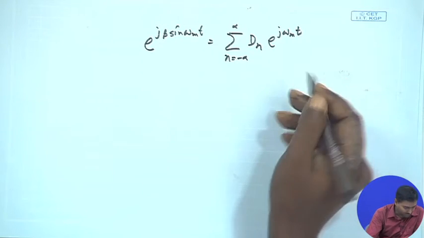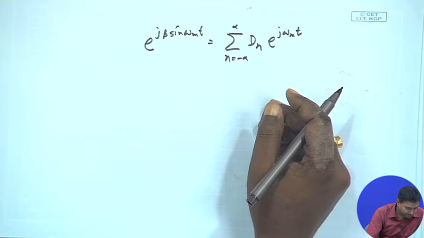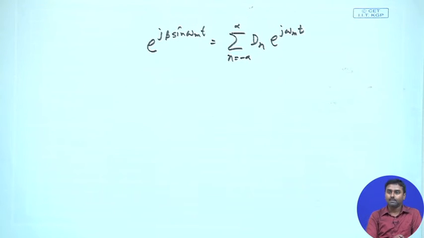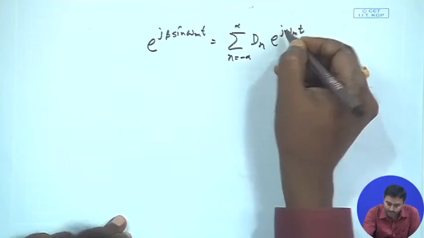Wait a second, I have not written it correctly. Yeah, that's correct. Okay. So, basically at every multiple of omega m I will be getting this term, probably the n I have not written over here.